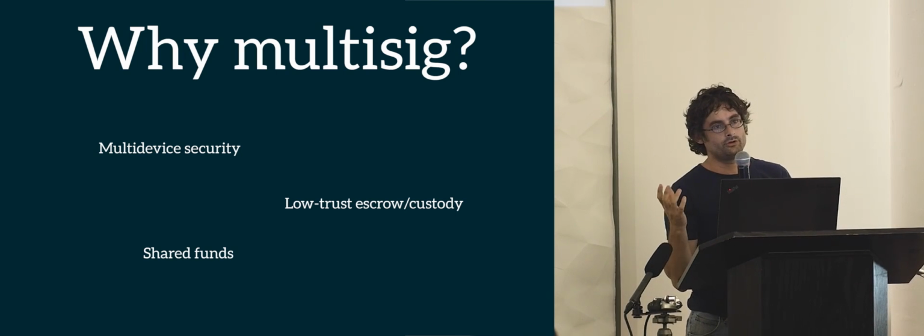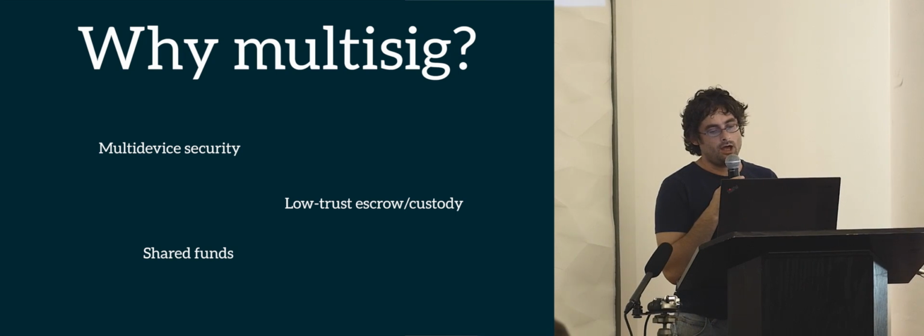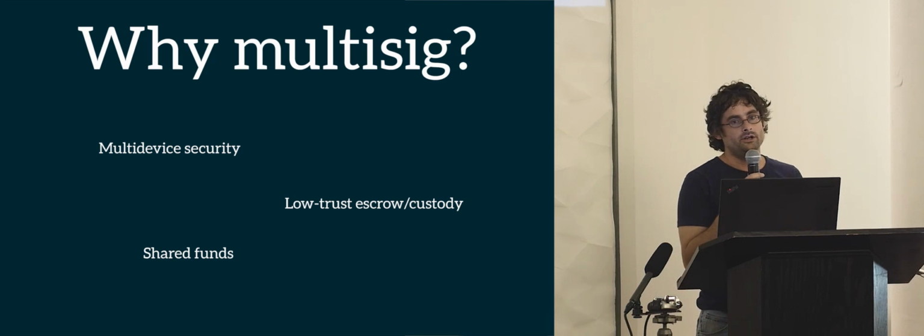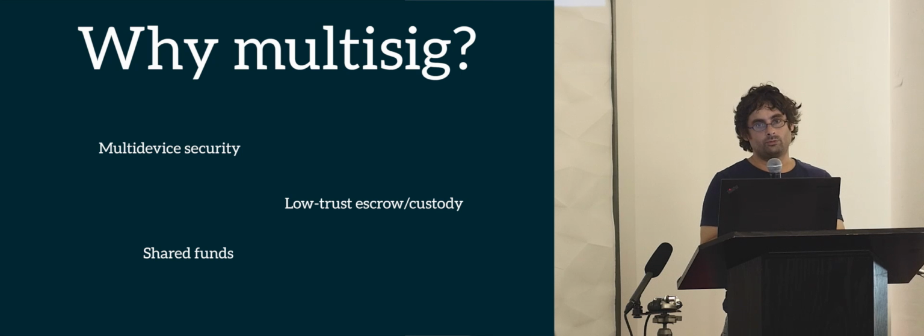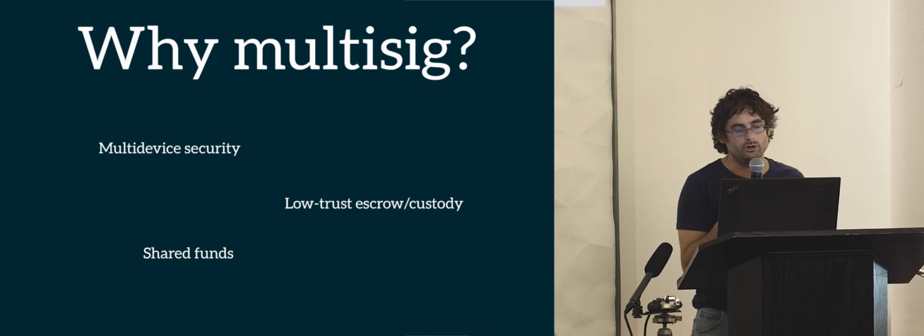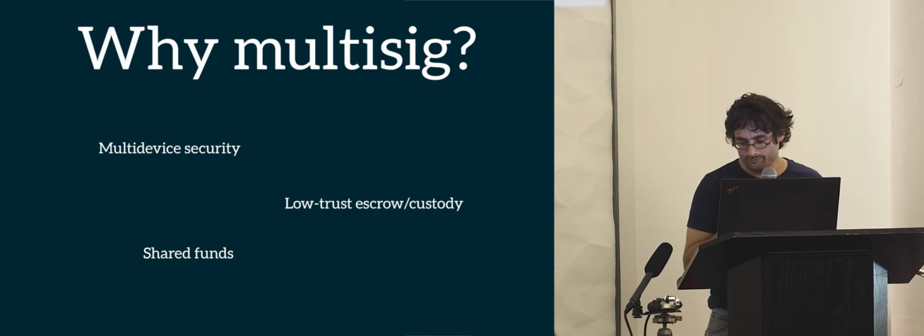And this is an improvement over the traditional escrow system where the escrow just gets the money and can run off with it. So this is an escrow that gets to decide who gets the money but doesn't have it themselves. And of course, whenever you have shared funds, some company holds money that not just a single person should be required to unlock them.